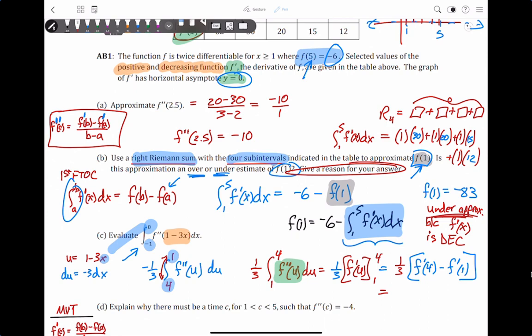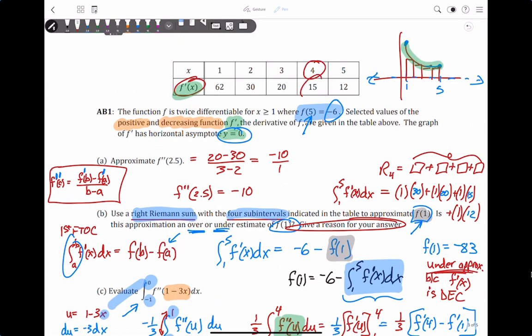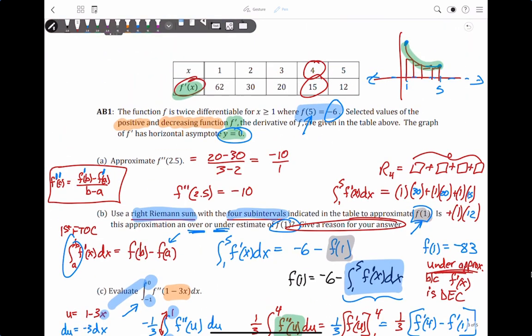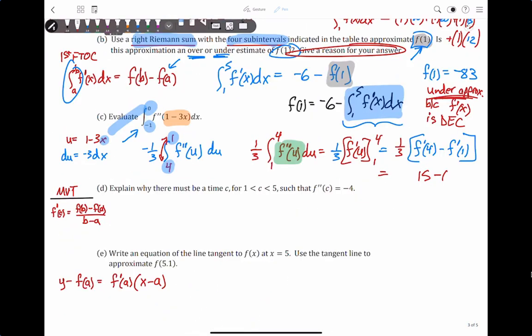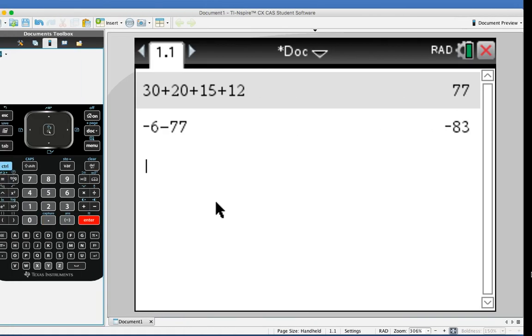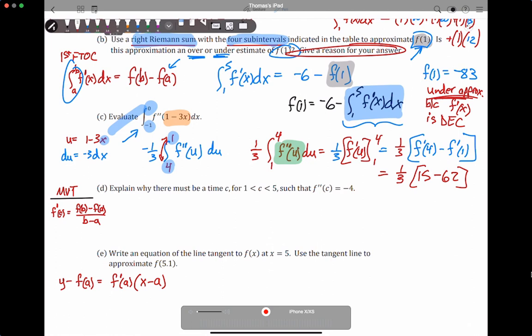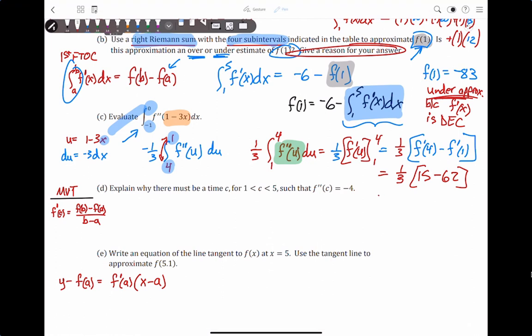Okay, so f prime at 4 is 15. f prime at 1 is 62. So we're going to say 15 minus 62, and then divide by 3. It's just -47/3. Okay, so this is going to be -47/3. All right.